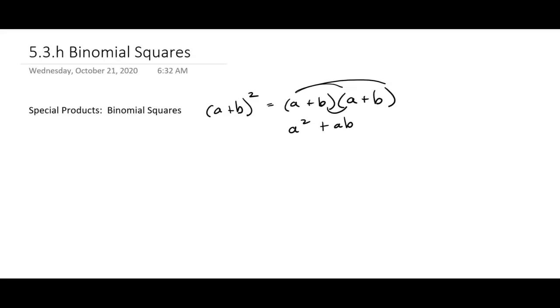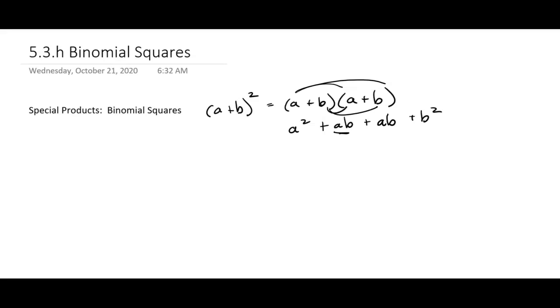So it's when you have a plus b and you're going to square it. Well, that means a plus b times a plus b. When you do that, if you use FOIL, you'd have a squared, an ab, another ab, and then a b squared.